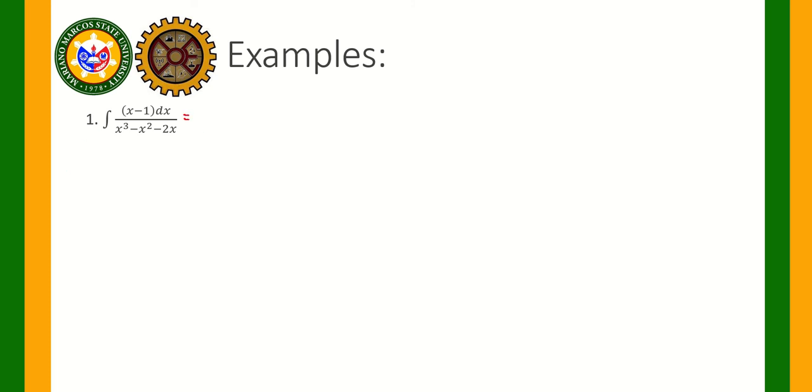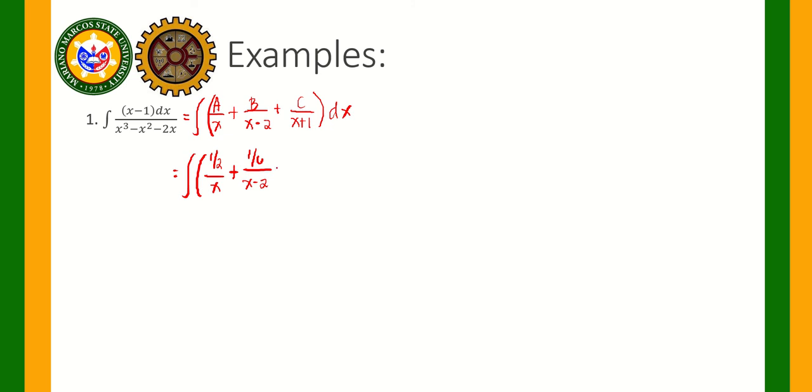This is equal to the integral of a over x plus b over x minus 2 plus c all over x plus 1 dx. Okay? So, we plug the values of a, b, and c dito. This is equal to the integral of 1 half over x plus b natin is 1 over 6 over x minus 2. And then our c is minus 2 over 3 all over x plus 1 dx.